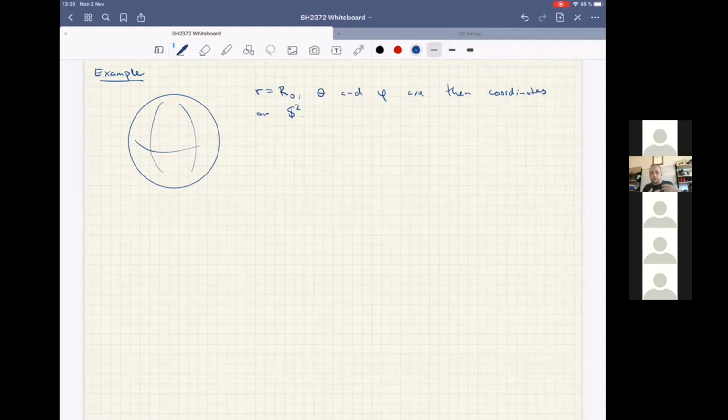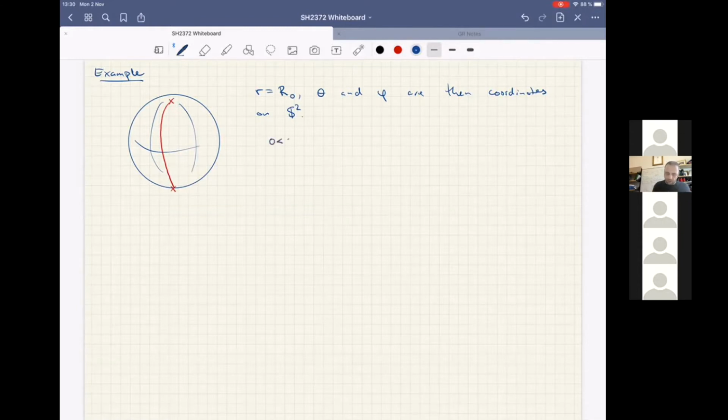However, in order for this to be invertible, to be a bijection, we will only be able to describe part of the sphere. For example, the poles are going to be a problem as our coordinates will be singular there. And also, in order for this to be a bijection everywhere where it's defined, we need to take out essentially a line that goes between the poles. So we restrict our coordinates theta and phi here.